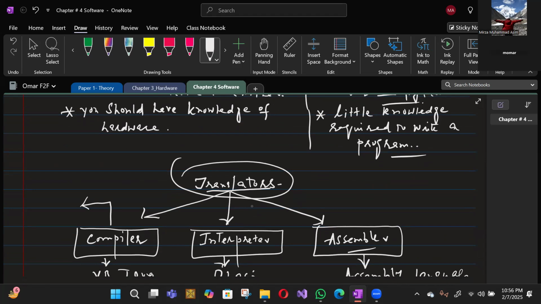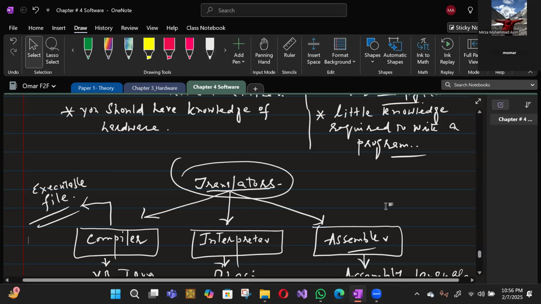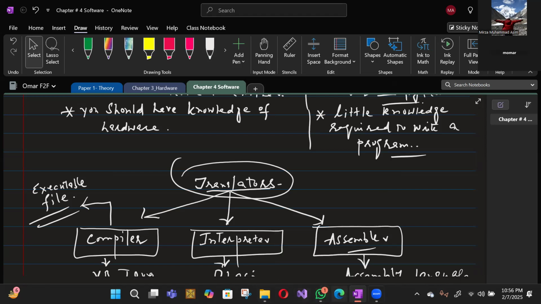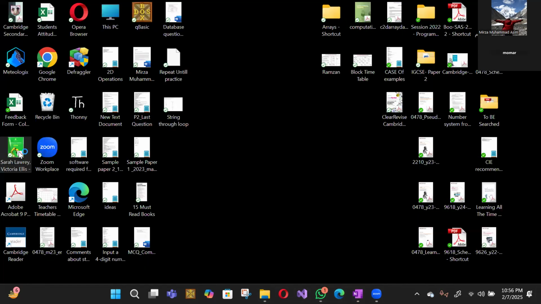You only have the executable file, right? The compiler can create an executable file. It won't give you the code, right? For commercial software, we use a compiler, right?